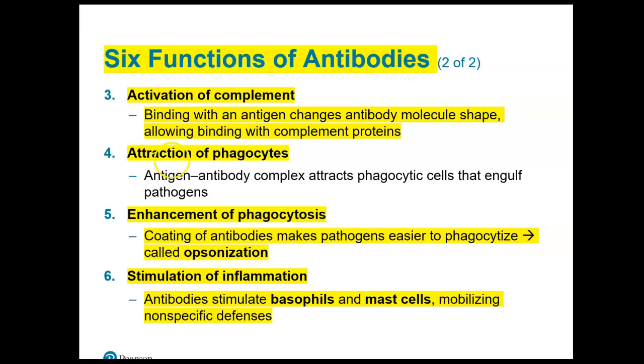Binding of an antibody to an antigen will attract phagocytes to the area and enhance phagocytosis in a process called opsonization. And as well, antibodies will stimulate basophils and mast cells to release histamine, and that stimulates inflammation.